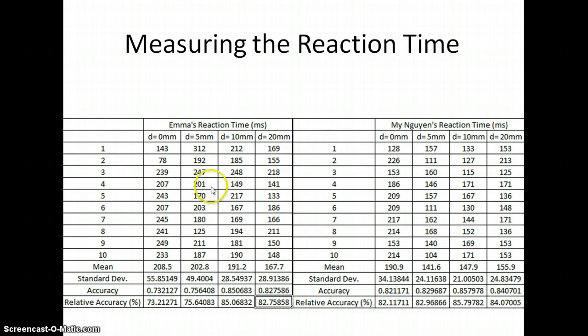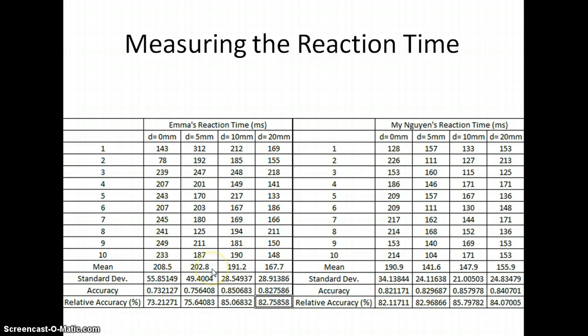starting from the second time it actually got more consistent, but it's not very consistent down here, because the data still varies a lot.